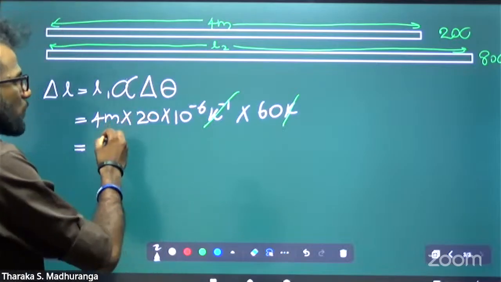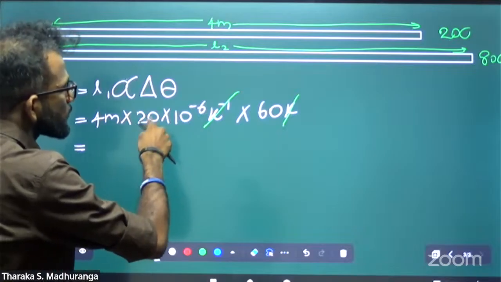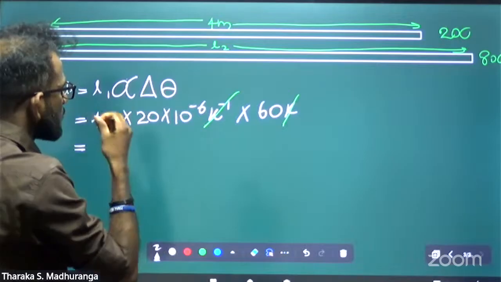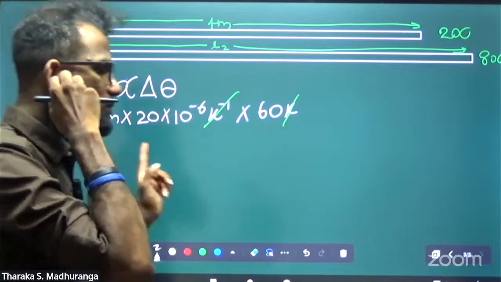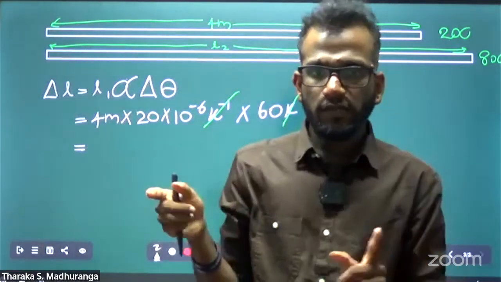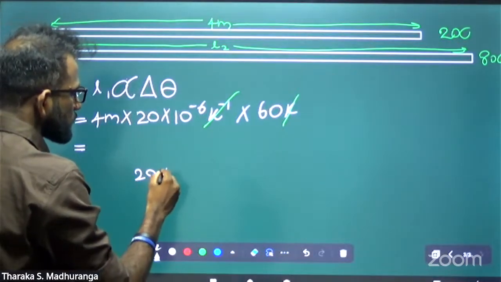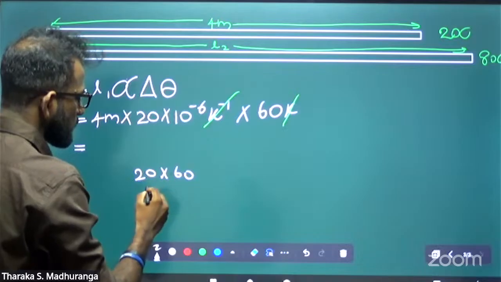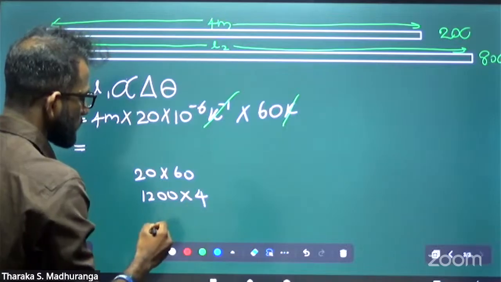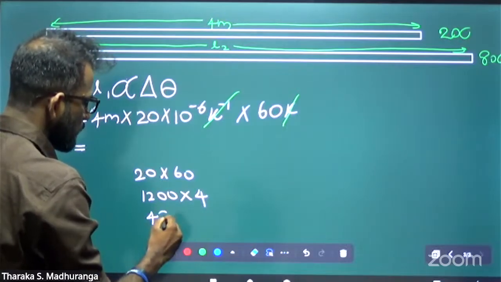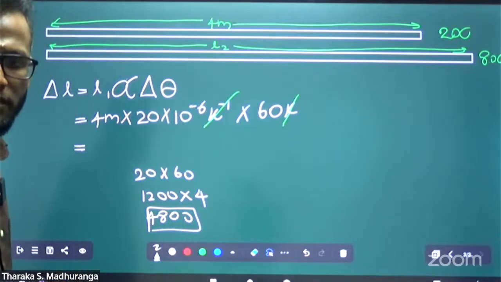Now 20 multiplied by 60 is 1200, no? 1200 multiplied by 4, you can use a calculator. It is 4800.